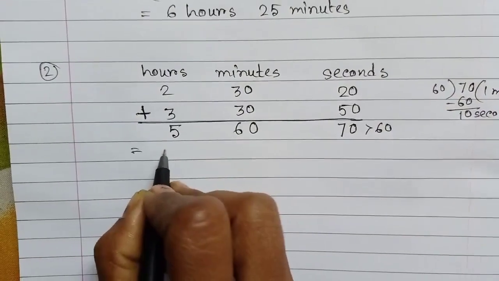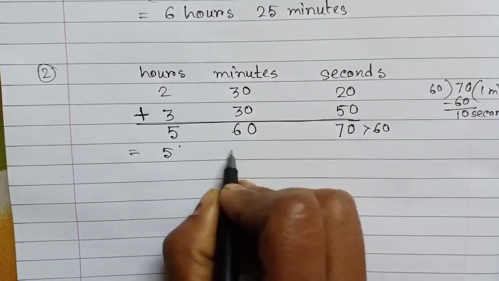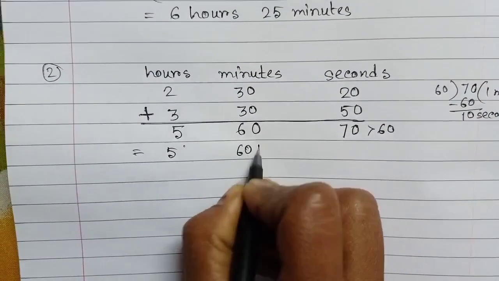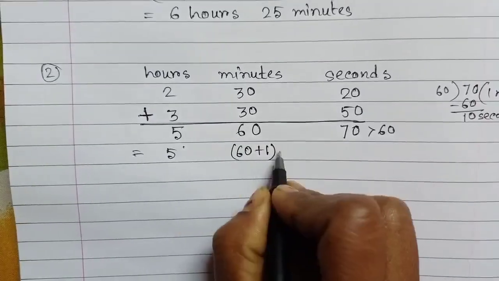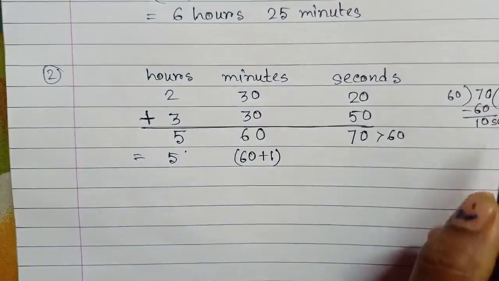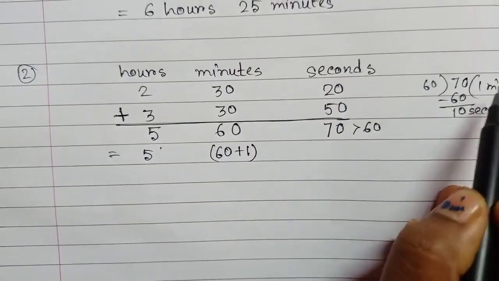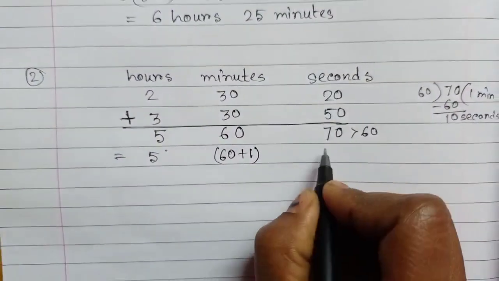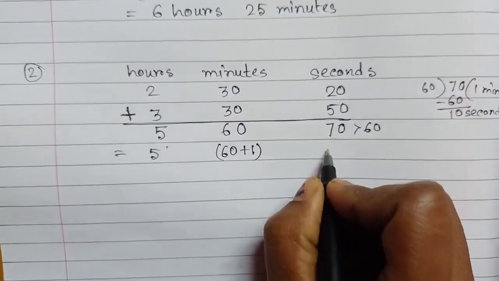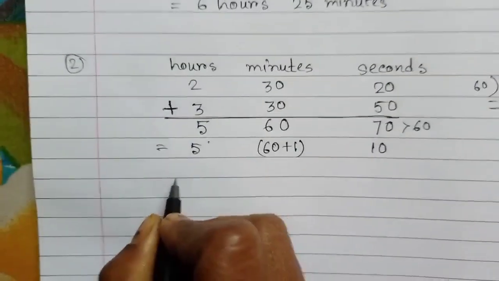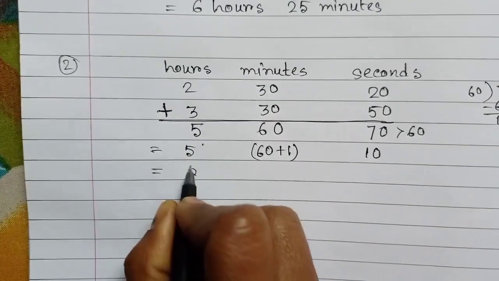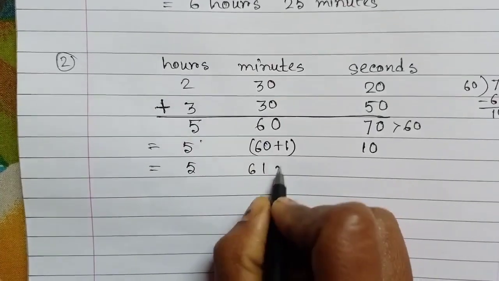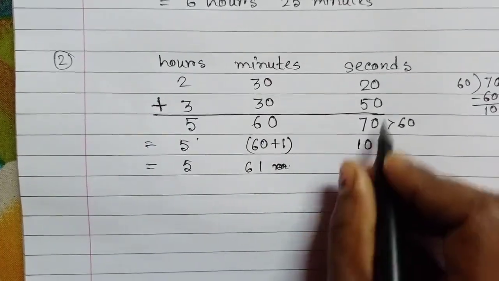So here 5 hours 60 plus 1 minutes, as we have to carry 1 minute to the place of minutes, and here 10 seconds.